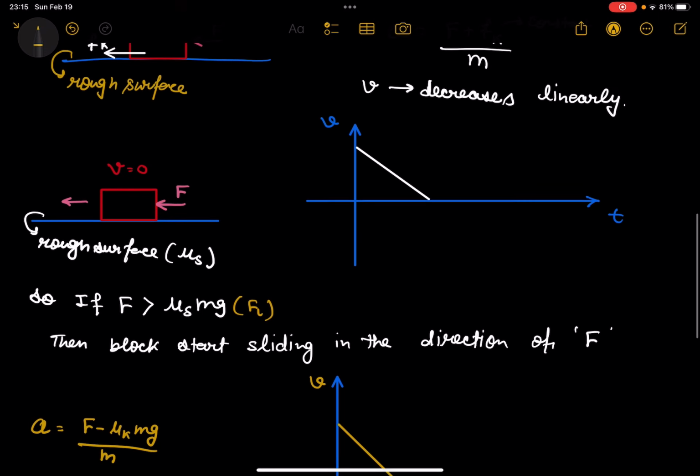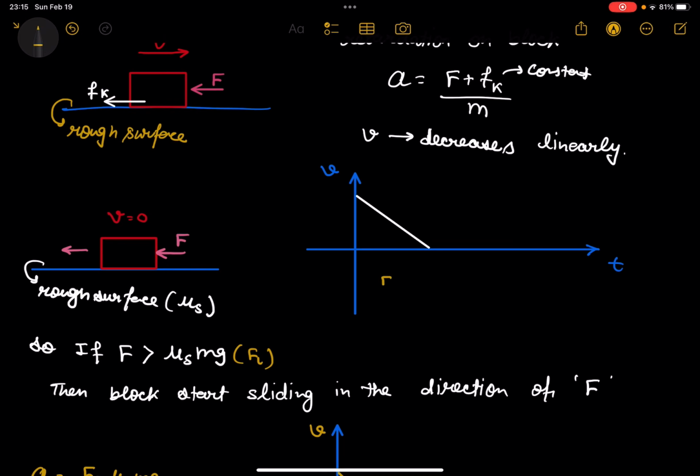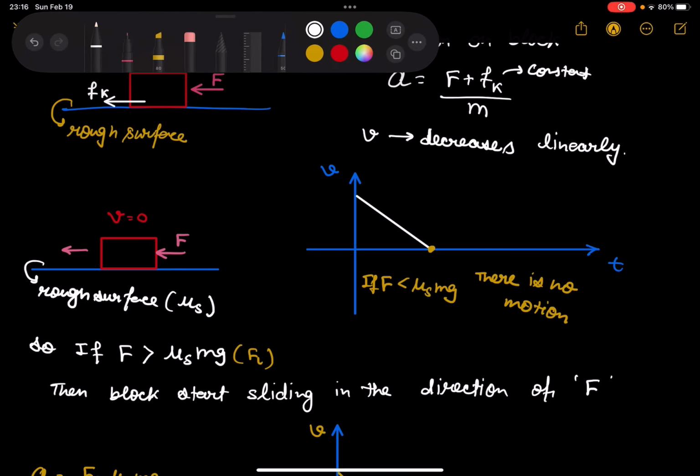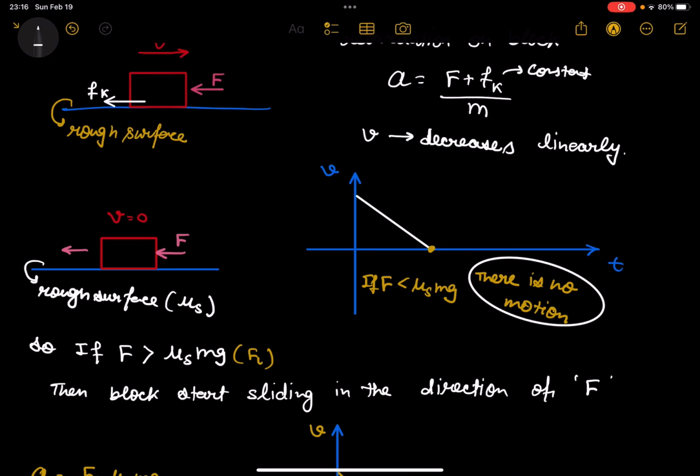But if the force is less than mu_s mg, then after it reaches here, the block comes to rest. There is no sliding, there is no motion. So there are two conditions: one is F greater than mu_s mg, the other is F less than mu_s mg.